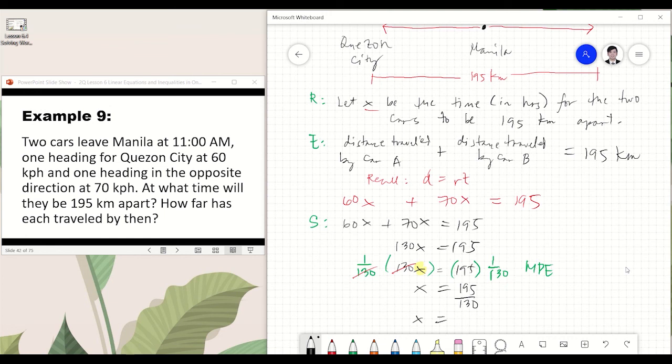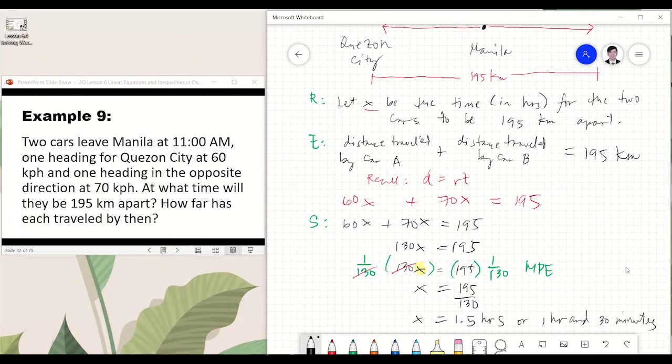So for now, okay lang din naman if in decimal yung sagot natin instead of mixed number. Kung i-divide mo yung 195 with 130, that would be 1.5 hours. Yung 0.5 natin, if i-convert natin siya from our lesson from module number 3, that would be 1 hour. At yung 0.5 natin in minutes is 30 minutes.